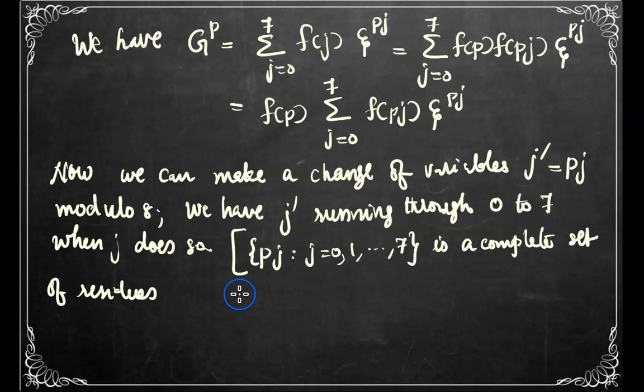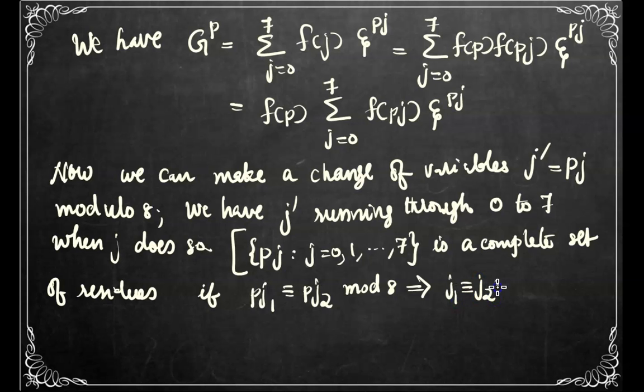which we can verify easily since there are exactly 8 elements in this set and none of them are congruent to another element. If pj1 is congruent to pj2 for some elements from this set, then it would imply that j1 is congruent to j2 modulo 8, since the GCD of p and 8 is equal to 1.